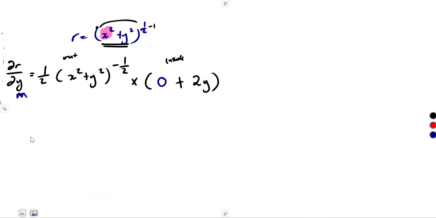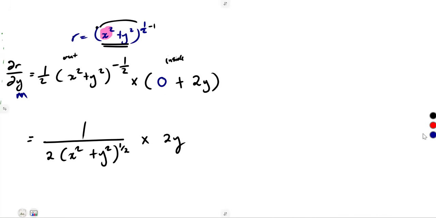So we can simplify just like the previous case, 1 over what to get rid of that negative. So it's 2 into x squared plus y squared to the exponent of a half, times 0 plus 2y, that's 2y, that's this part, and this one is going to cancel. So that is the same as over 1. So y times 1, that's y over what?